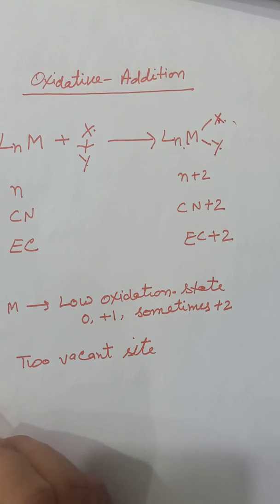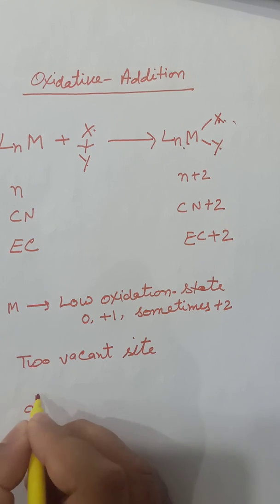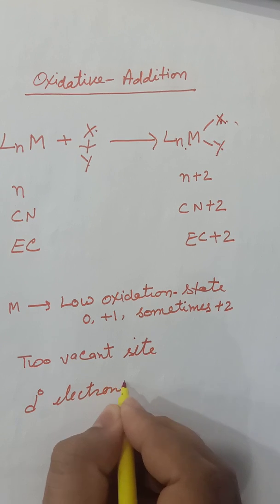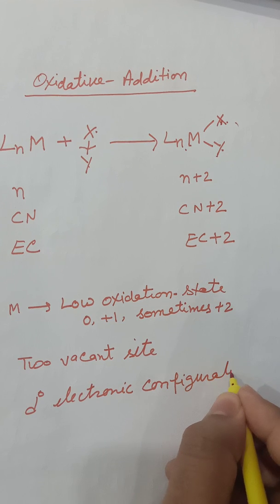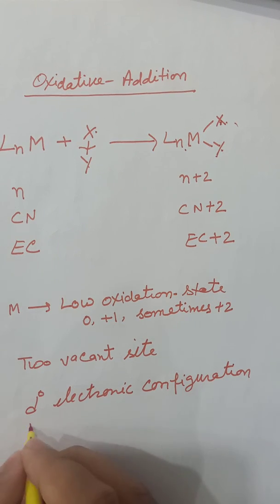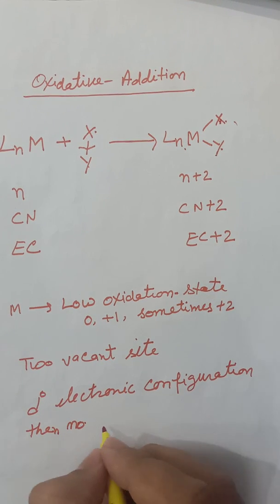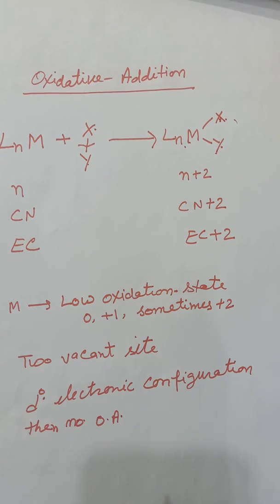Third one, if the metal in the complex has d0 electronic configuration, then oxidative addition reaction will not take place, because if the metal has d0 configuration, this increase in +2 oxidation state will not take place.